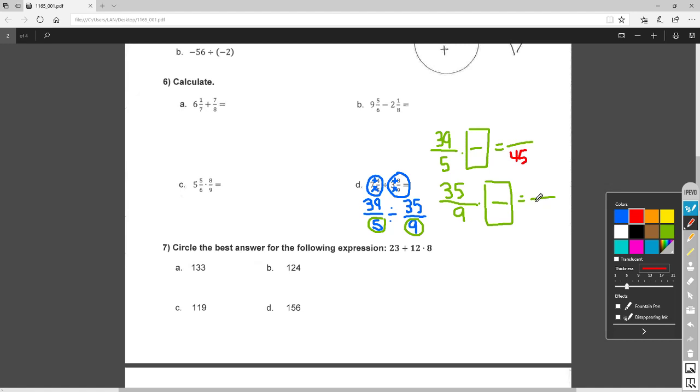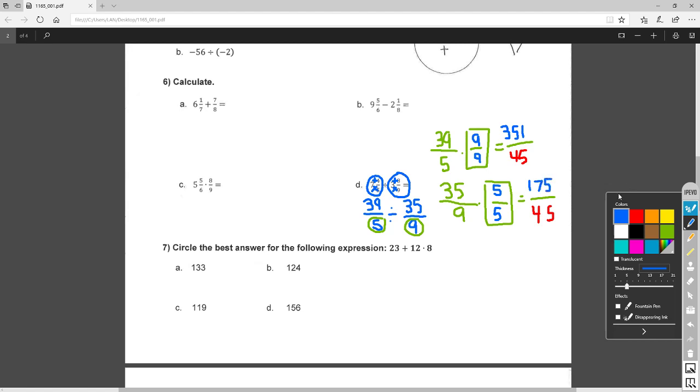Let me add that in. Okay, so for the top one, 5 times 9 makes 45, so inside my giant 1 would be 9 over 9. And I'm going to do 39 times 9, which is 351. Okay, and then on the bottom we have 9 times 5 makes 45, so 5 over 5 is my giant 1. And then multiply across, 35 times 5 is 175.